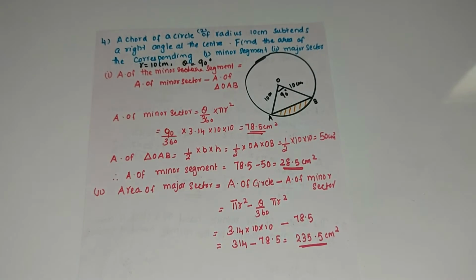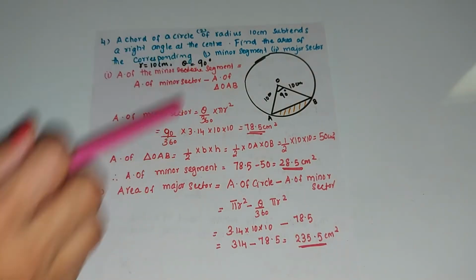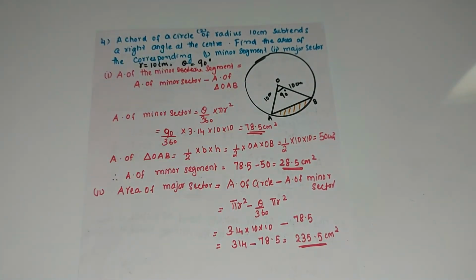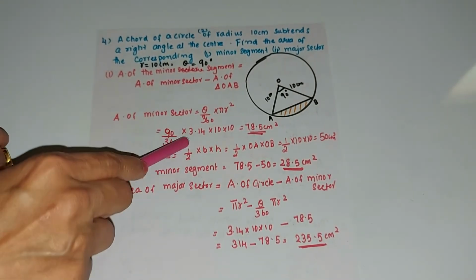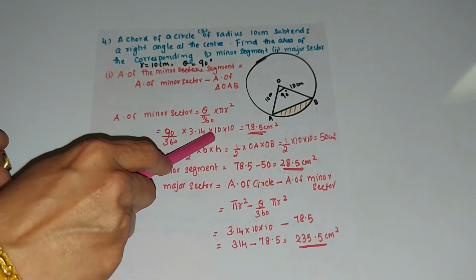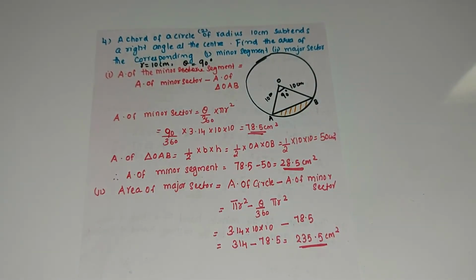The formula for the area of a sector equals theta by 360 into pi r square. Here the radius is 10 centimeter and the angle is 90 degrees. So area of minor sector equals 90 by 360 into 3.14 into 10 into 10, equal to 78.5 centimeter square.